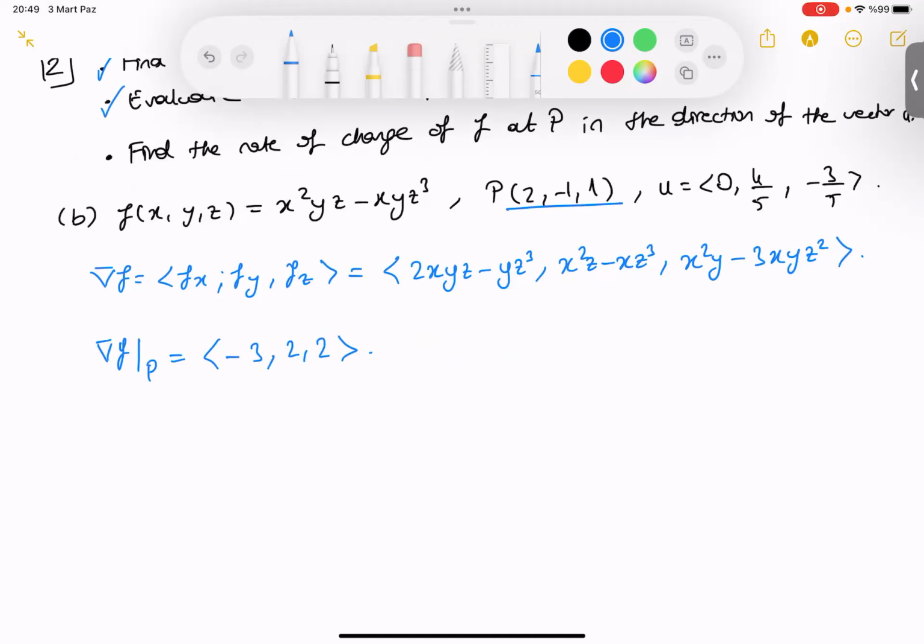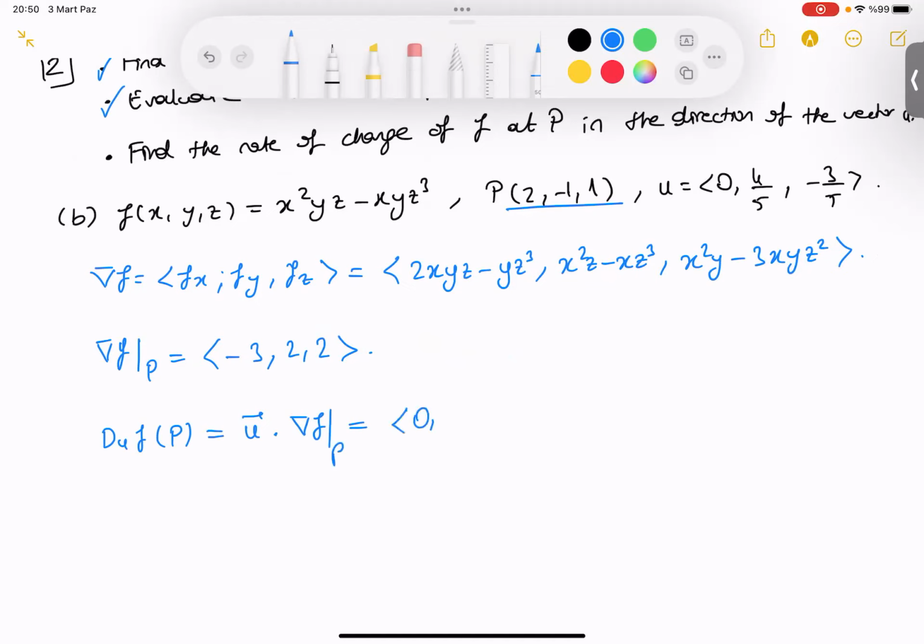And for the last part, you just find this value again at the point P. Now u is, where is u?